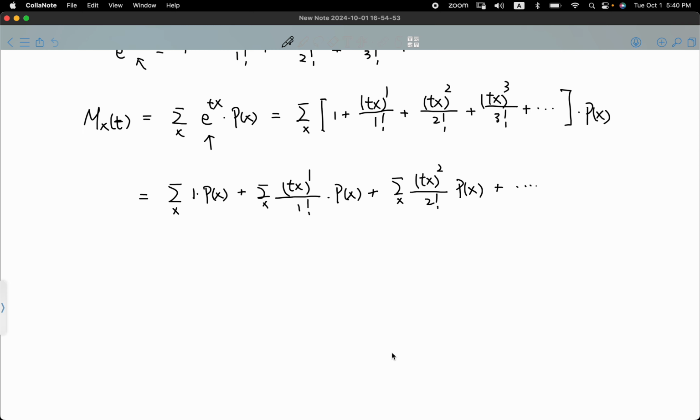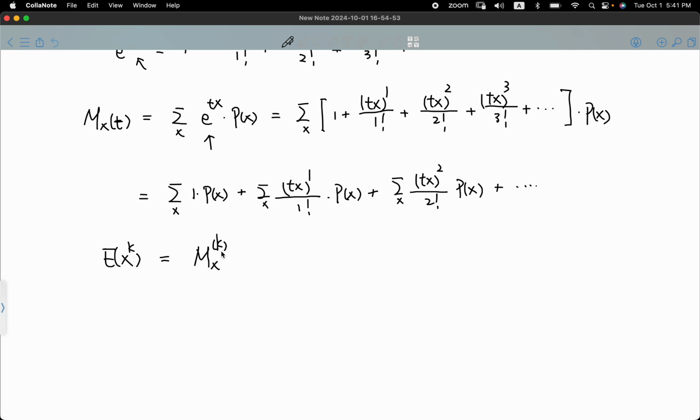Okay, so let me first make comments or mention a result here. If you want to find a particular moment, let's say the kth moment for a function, all you need to do is just take the derivative of this moment function.